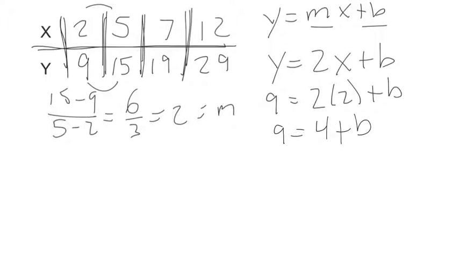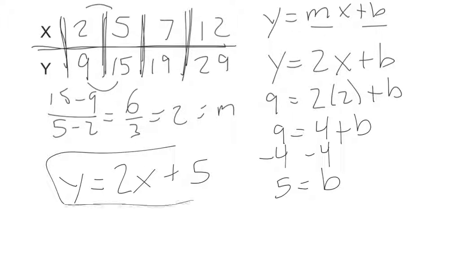Subtract 4 from both sides to solve for b. I get 5 is equal to b. So now my equation is what? Y equals 2x plus 5. Very good, Alex. Y equals 2x plus 5.